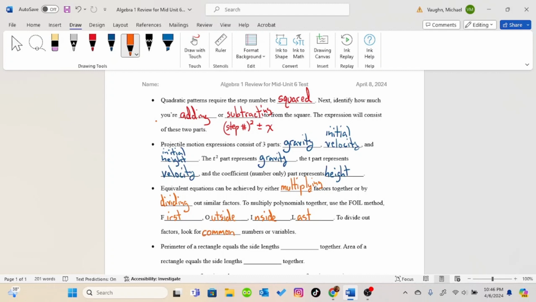And you're going to have to understand whether the equations are equivalent by either multiplying the factors together and seeing if you get the same answer, or maybe pulling the same numbers or variables out and actually factoring it. So you're going to have to understand how to compare and move around and manipulate to see whether these equations or expressions are equivalent to each other.